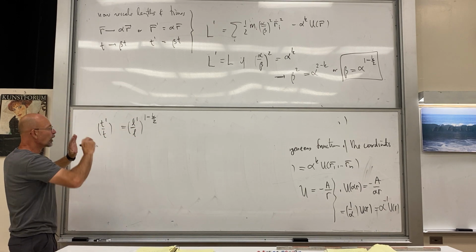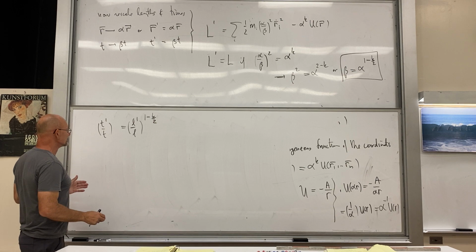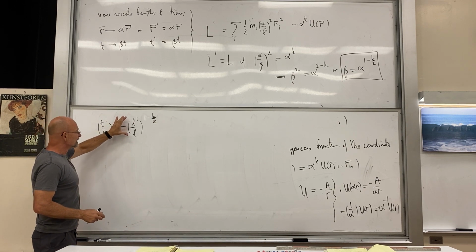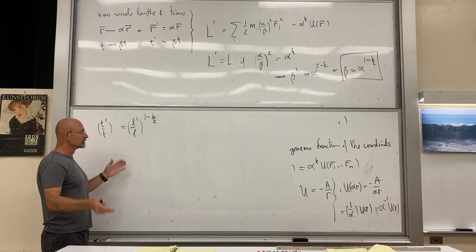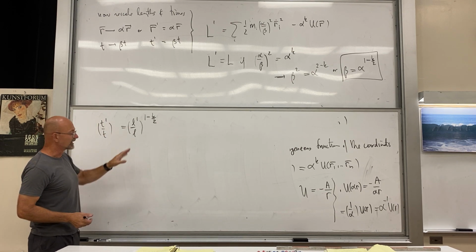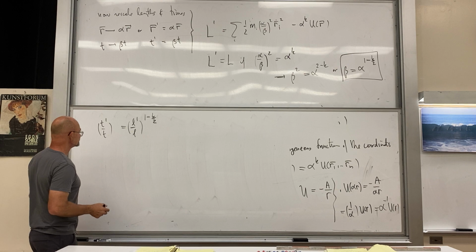So if we were solving the orbit of a planet around the sun and we rescaled it, it would still be an ellipse, just a larger or smaller ellipse. That's the idea of rescaling.